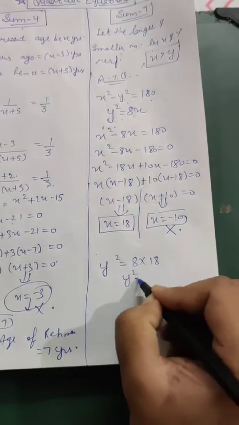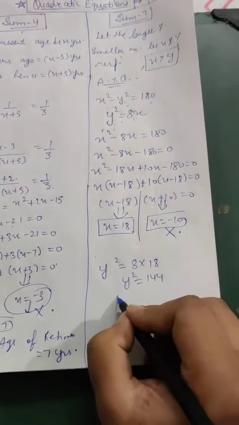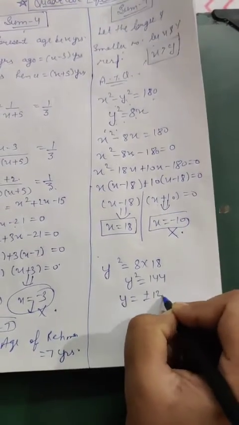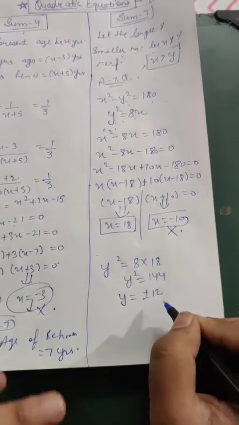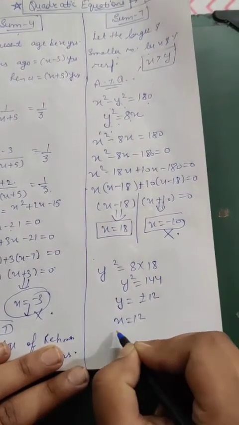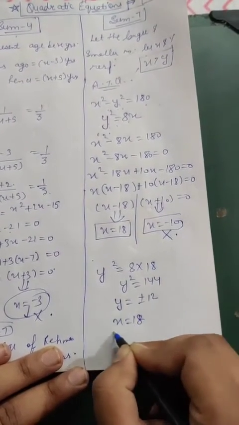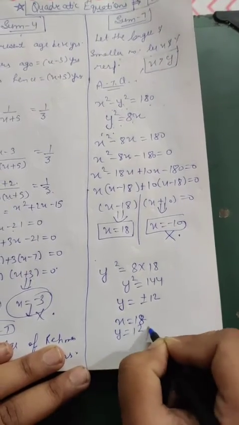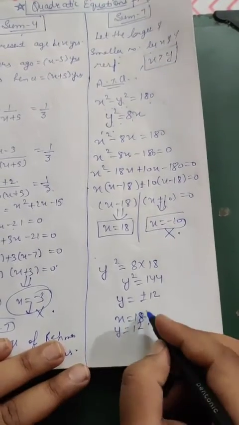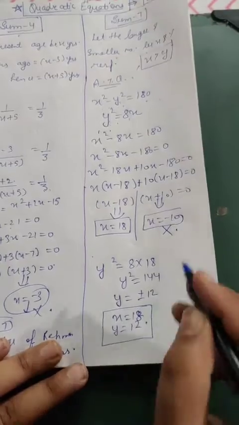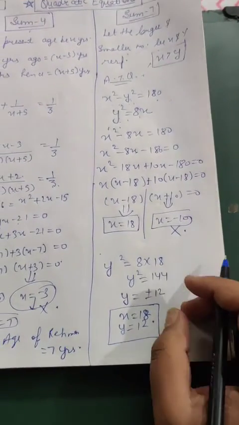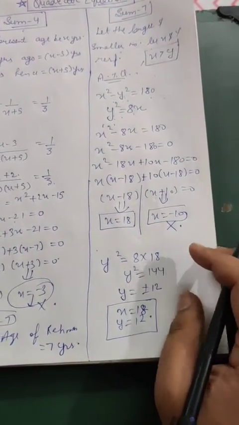So y square is equal to 144, and you can say y is equal to plus minus 12. Again we will eliminate the negative number. So x is 18 and y is 12 here. So what we have done: the larger number is 18 and the smaller number is 12.